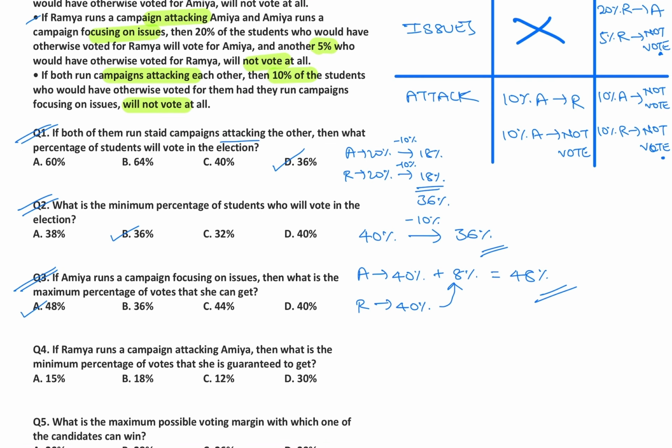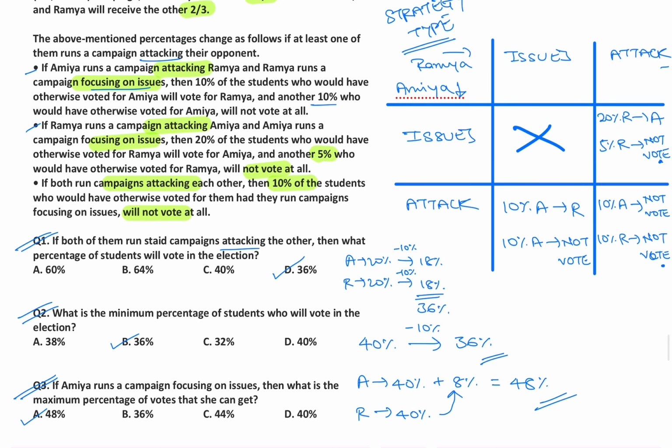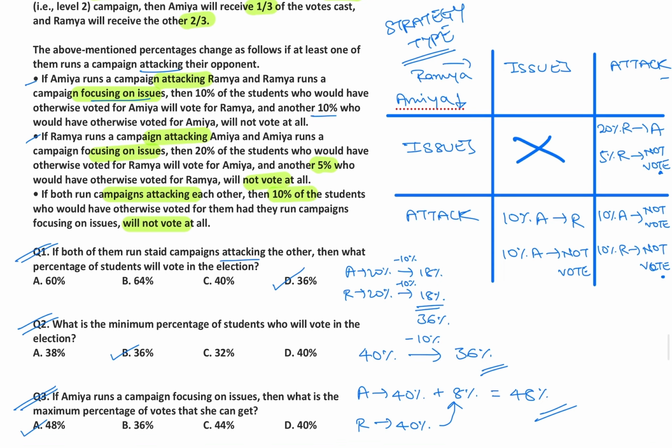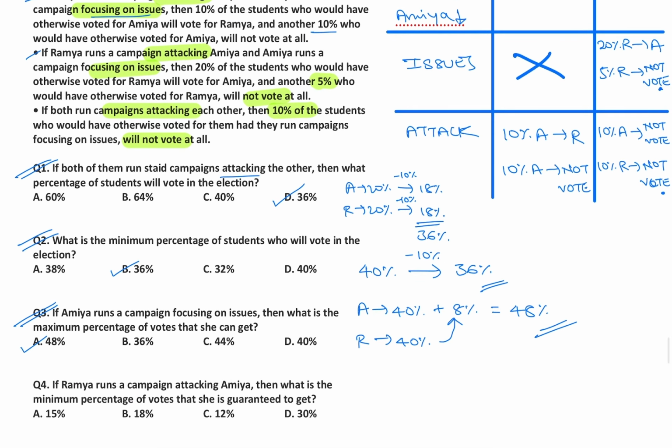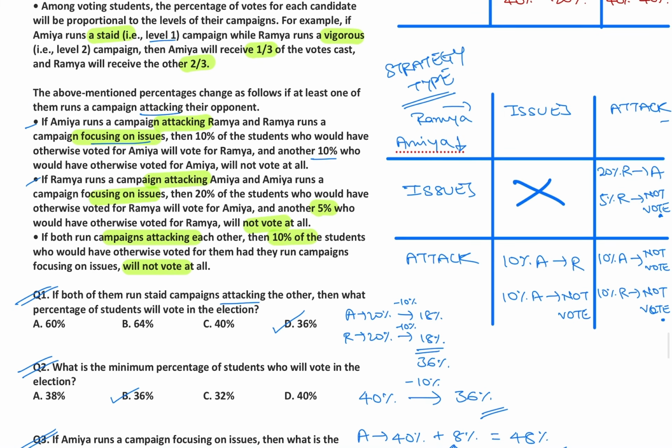Question number 4 says, if Ramya runs a campaign attacking Amya. Okay, so what I'm looking at here, Ramya is now attacking Amya. Okay, then what is the minimum percentage of votes she is guaranteed to get? Okay, so the minimum percentage of votes that Ramya will definitely get.